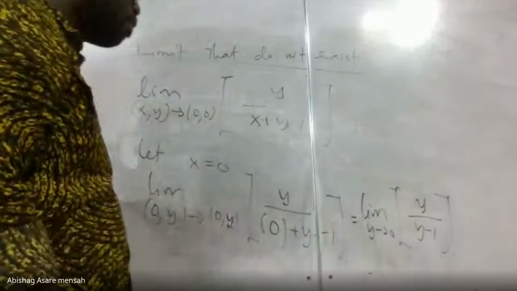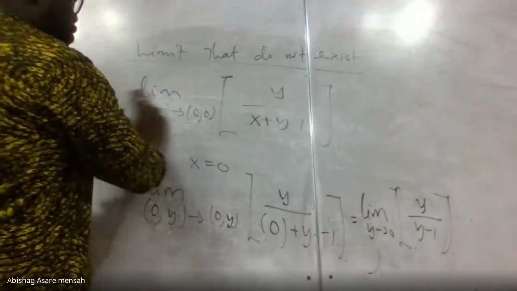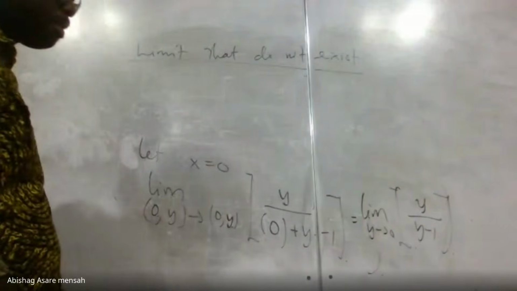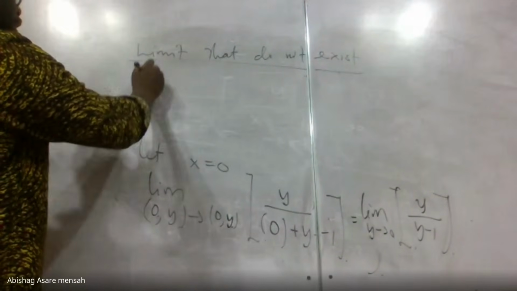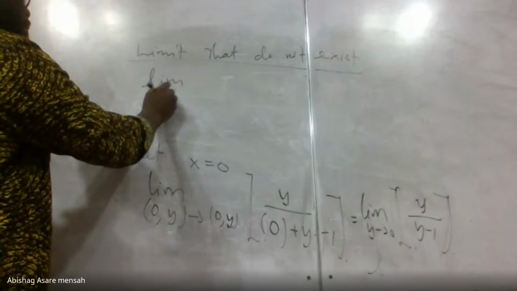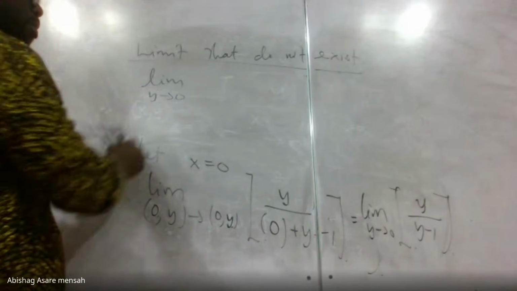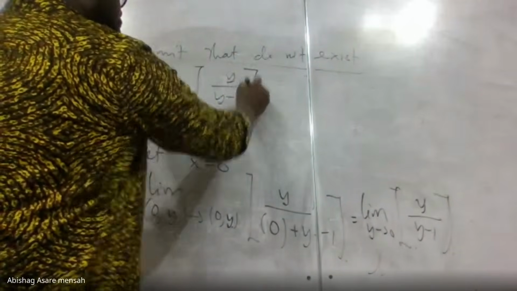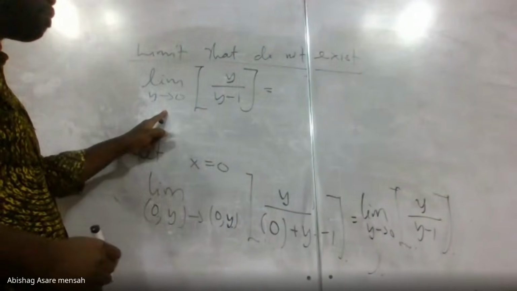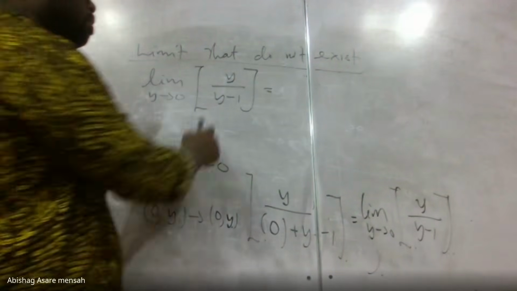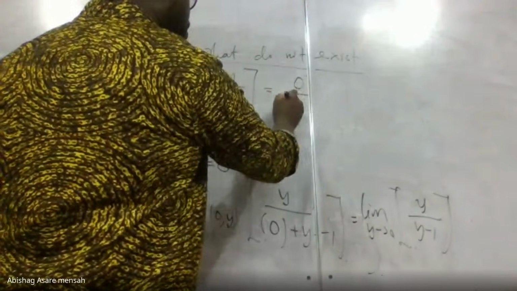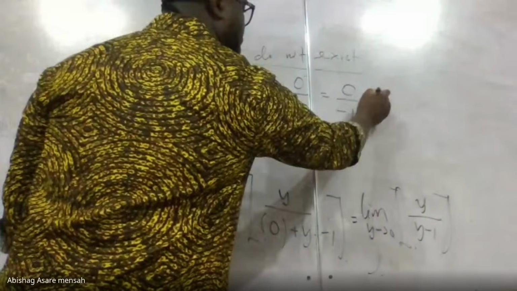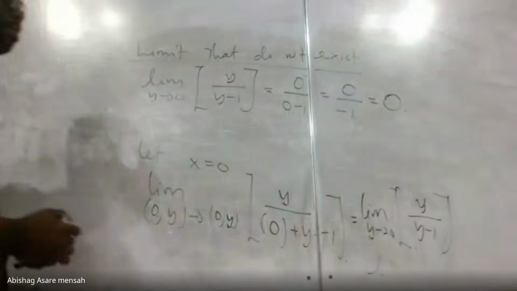Now we are finding the limit as y goes to 0 of y over y minus 1. So wherever you find y, we put what? 0. This one is 0 over 0 minus 1, which is 0 over minus 1. You know it's equal to 0.